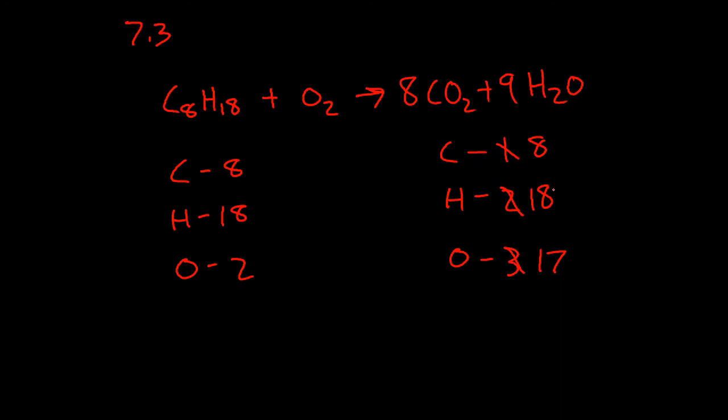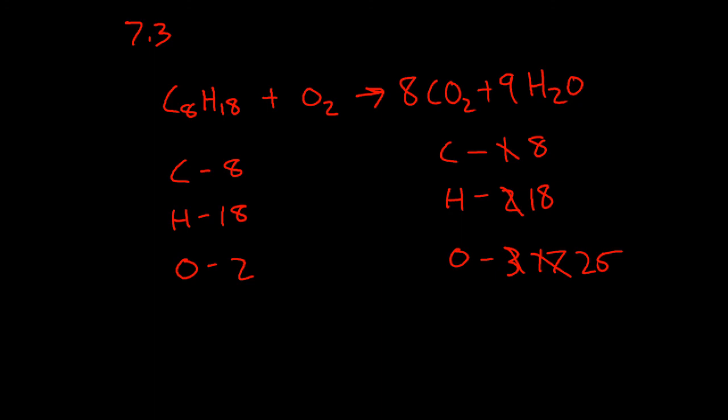But once again, by putting that 9 in here, I'm not just changing the hydrogen, I'm also changing the oxygen. So I'm going to have 8 times 2, which is 16, plus 9, which is 25. So 25 oxygens on the right.